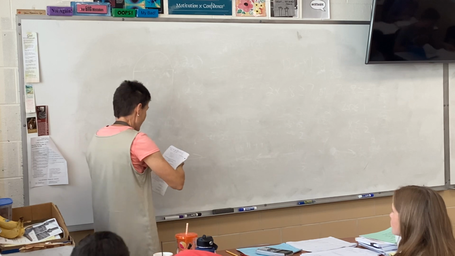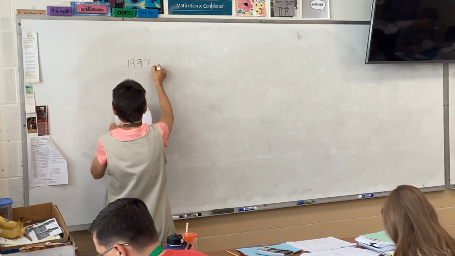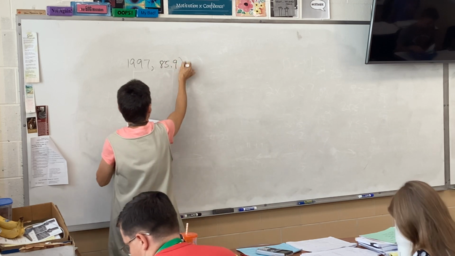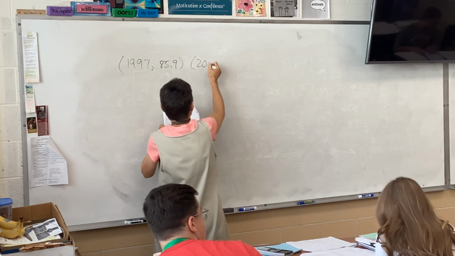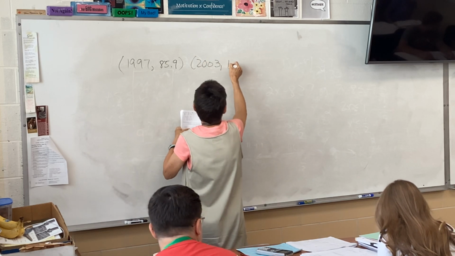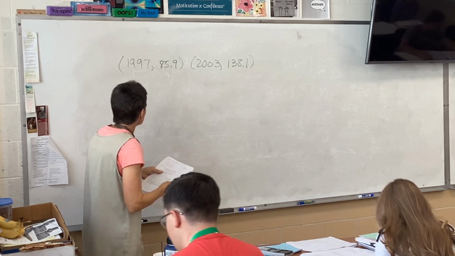Using the data from 97, so that would be 1997, comma, 85.9. 2003, so that'd be 2003 and 138.1. Using that data, write a linear equation.